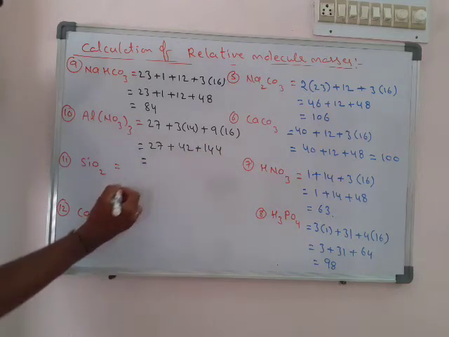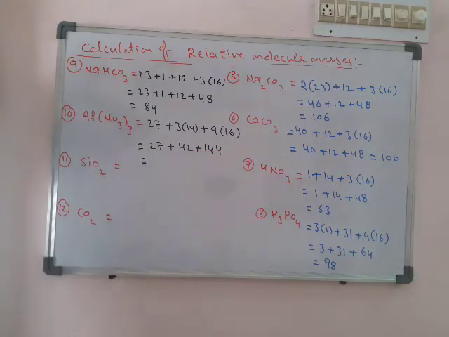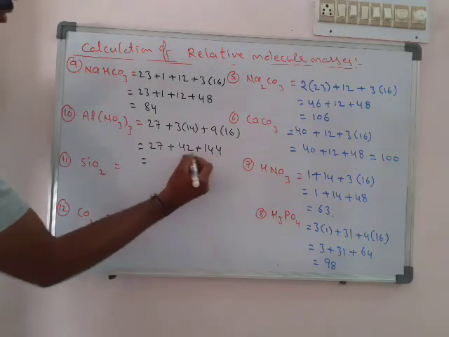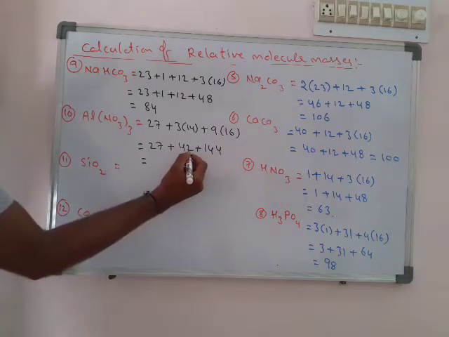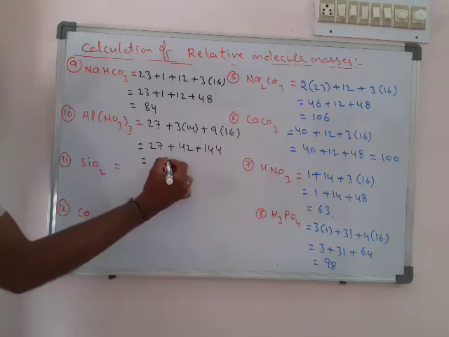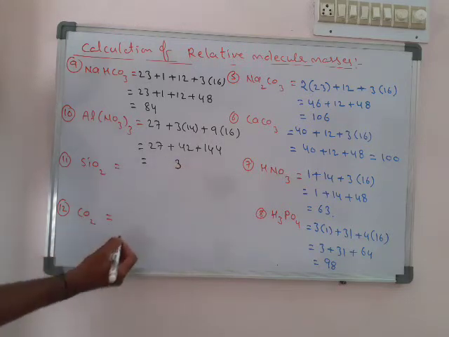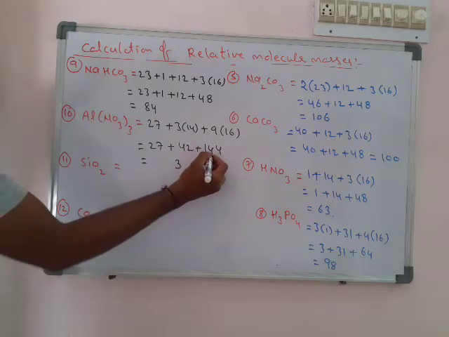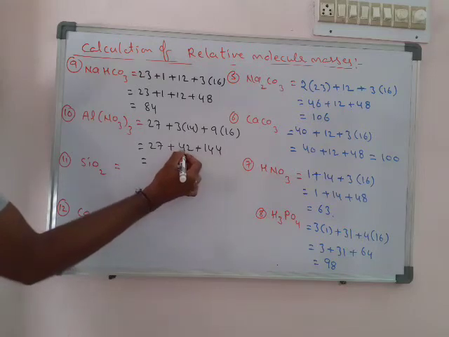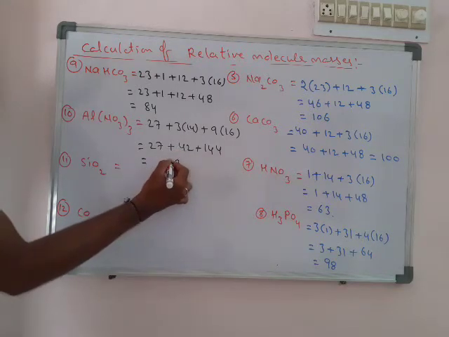So 144. Total you will get how much? Okay, 213.